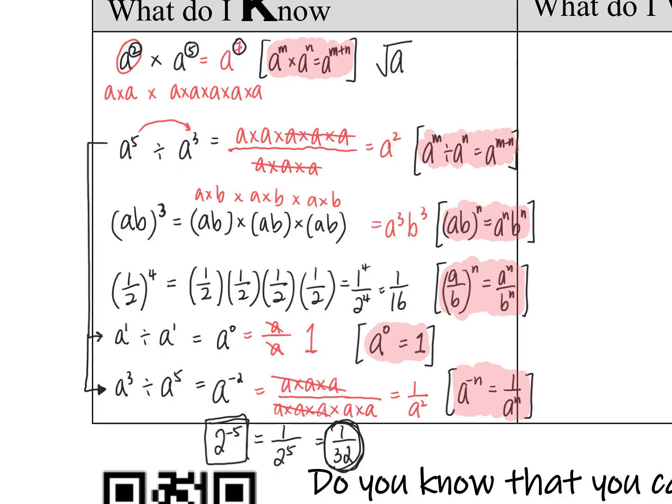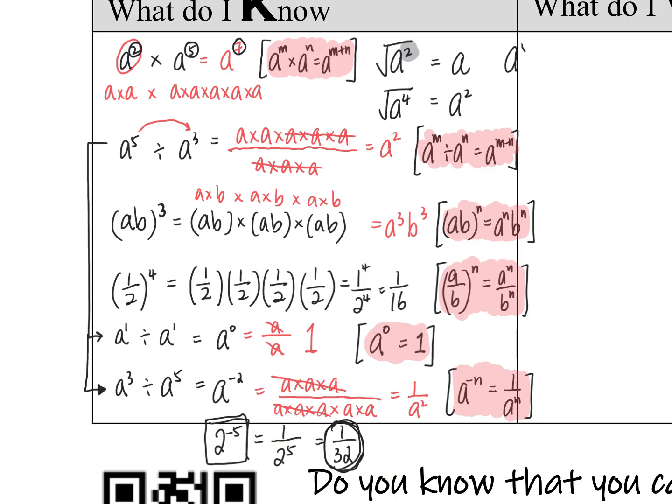Okay? So there are also other laws on square roots. Do you all remember how square root works? If I square root a square, what do I get? Just cancel out. Then what if it's A4? A2.